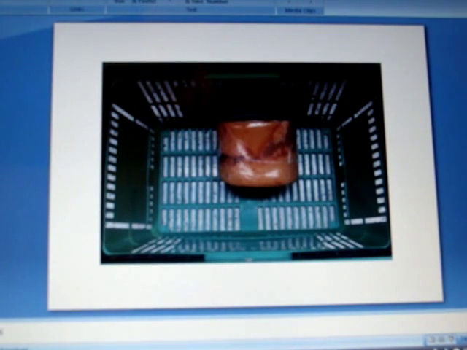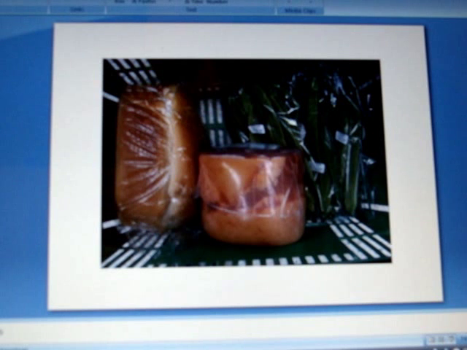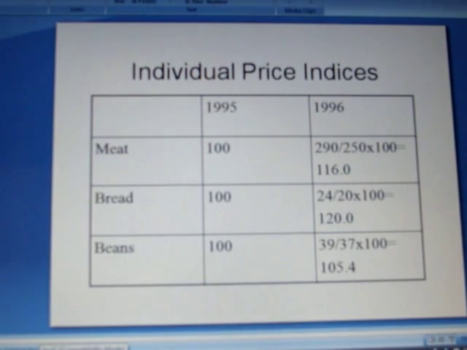They buy all the items and several other items in their basket. So people are interested to find out the changes in the price of the basket of the goods in two different time periods. So, how can we do this?